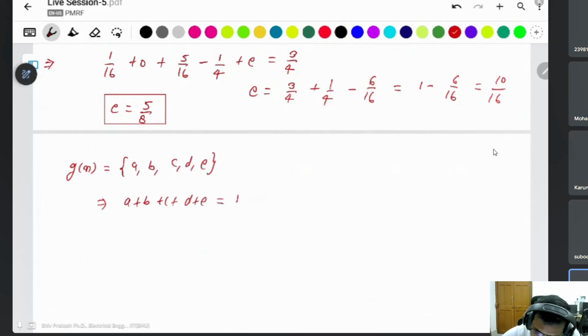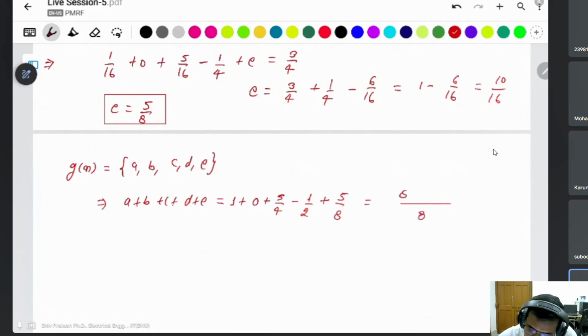A is equal to 1. B is equal to 0. C is equal to 5 by 4. D is equal to minus 1 by 2. E is equal to plus 5 by 8. Take the LCM as 8.